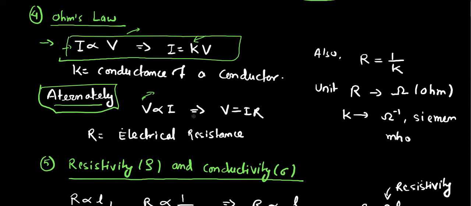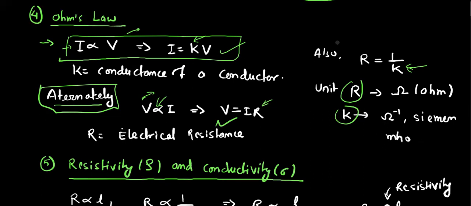On removing this proportionality constant, we insert here R, and this is the electrical resistance. From these two expressions we can easily say that resistance and conductance are inversely related to each other, as the unit of resistance is ohm, so the unit of conductance is per ohm, Siemens, or mho.